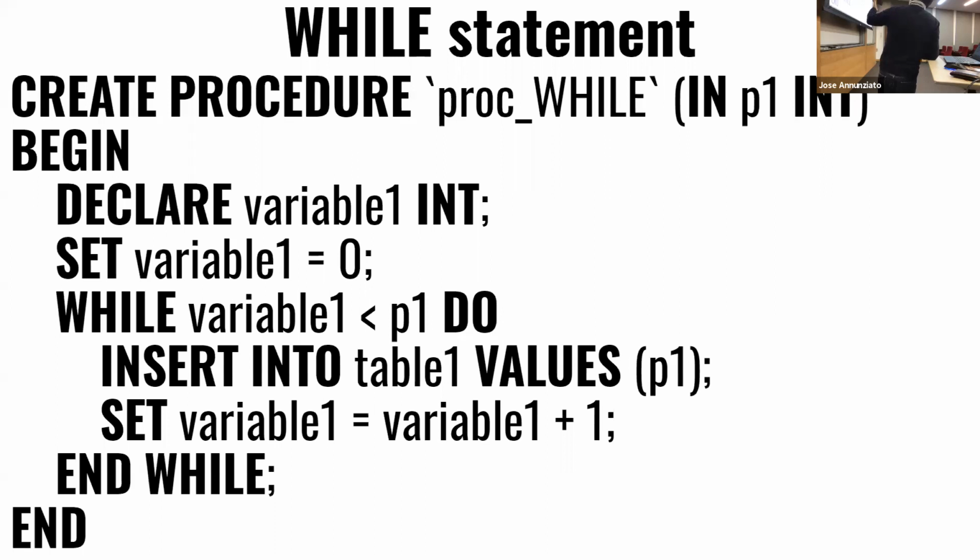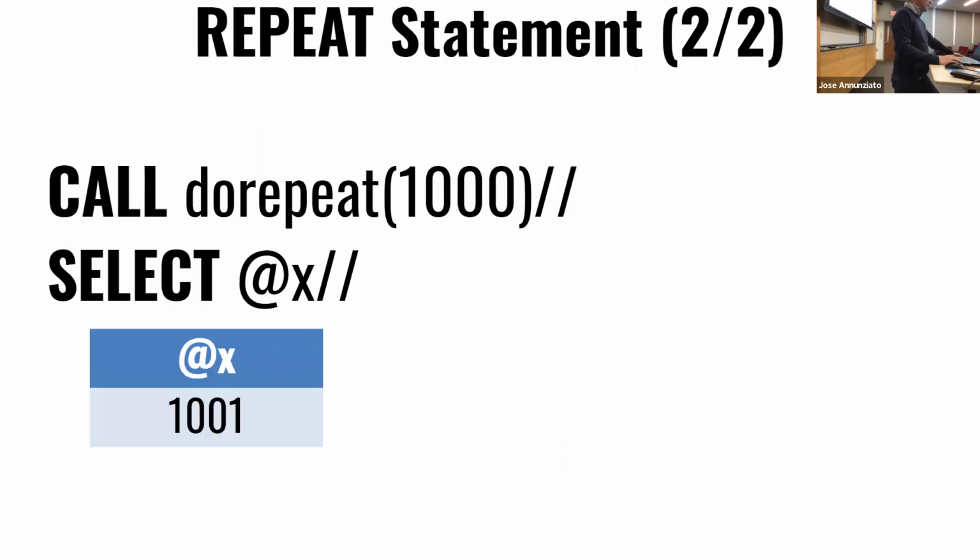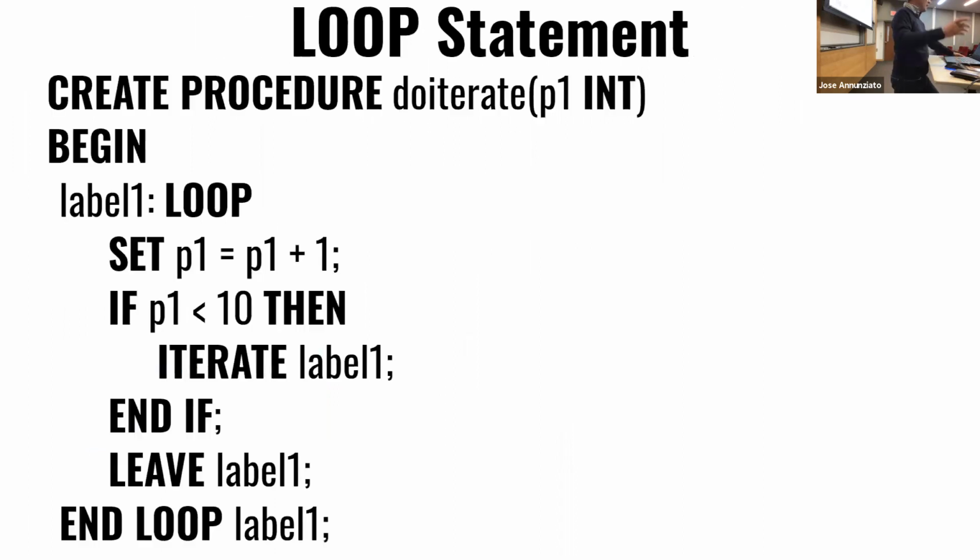This while loop, for instance, is iterating and inserting a whole bunch of values into table 1 as long as the predicate is still true. And this one just keeps updating the value of a counter until it reaches a limit. You also have a loop.